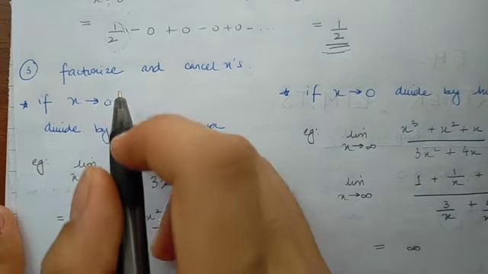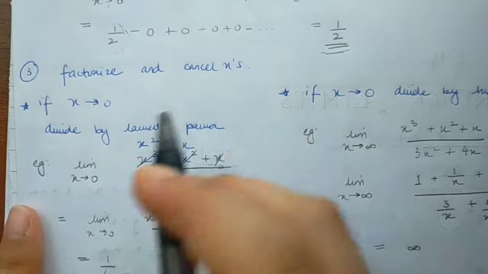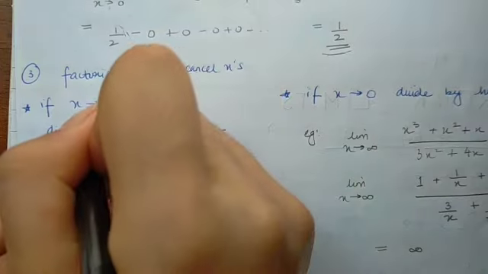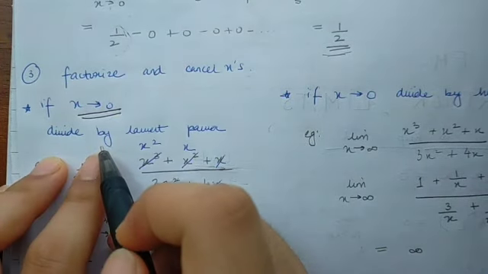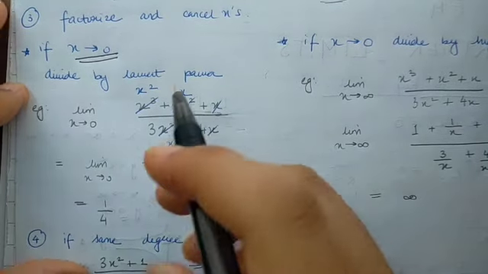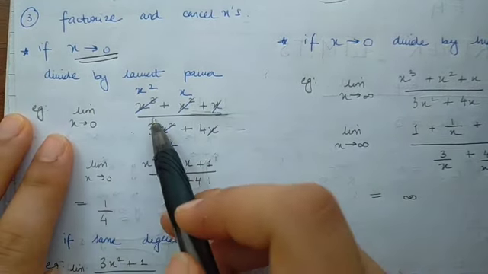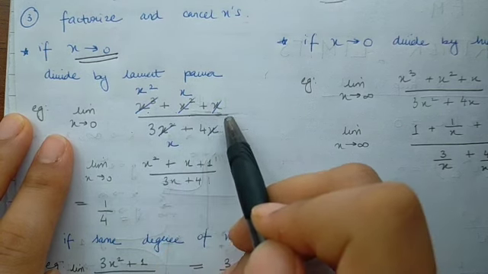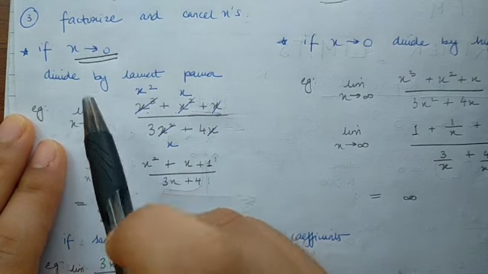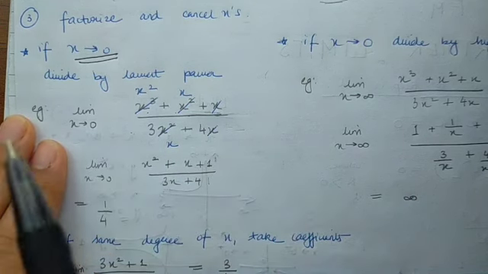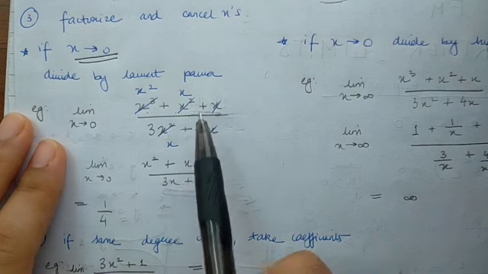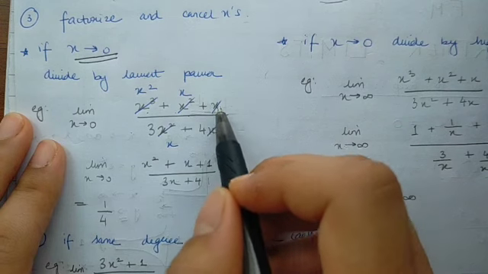Another way is to factorize and cancel out the x's. Now, if you were to have x approaching 0 as your limit, we divide by the lowest power of x. What I mean by this is, you can look at this example. If we had x cubed plus x squared plus x all over 3x squared plus 4x, and we want to find the limit as x approaches 0, we can divide all these terms by the lowest power of x we have, which is just x to the power 1.